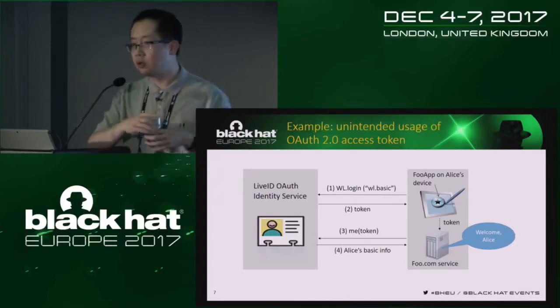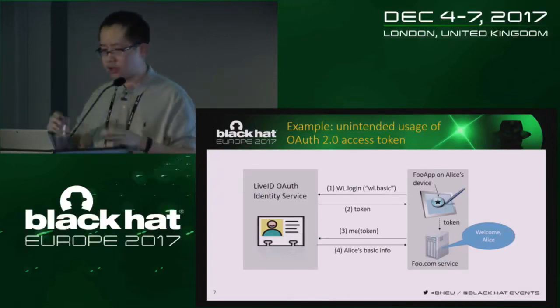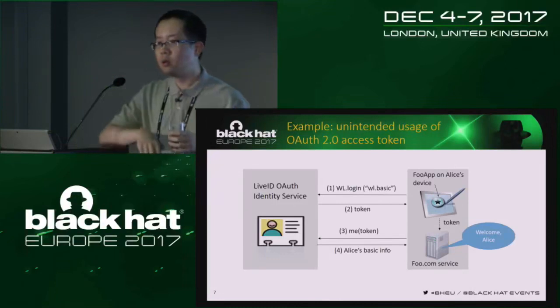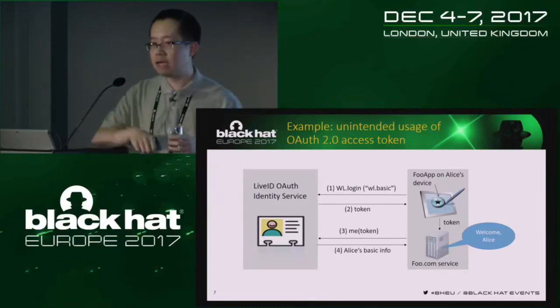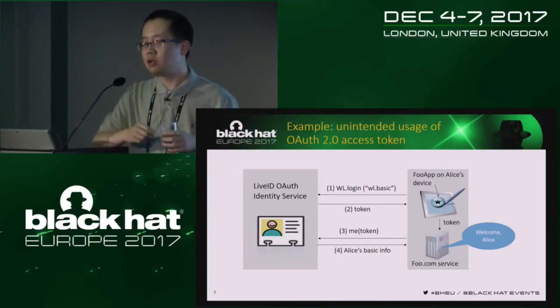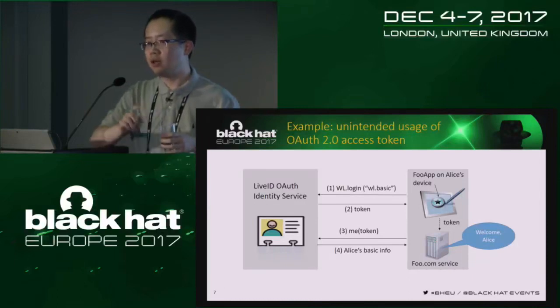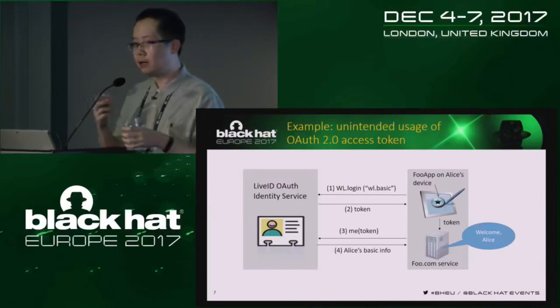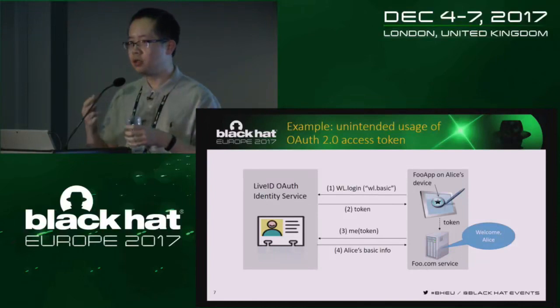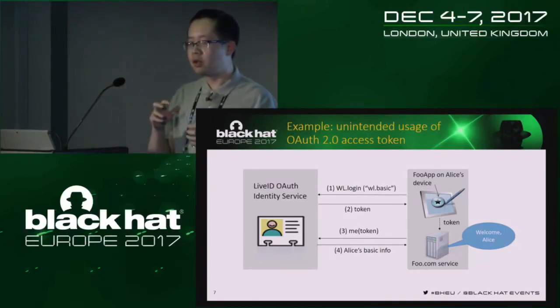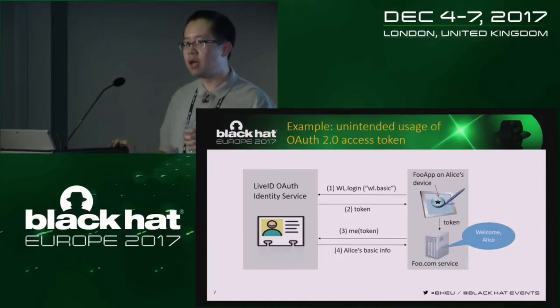Okay. So the OAuth protocol has two kinds of tokens. This one is called the access token. The other one is called the authorization code. I think what you mentioned is the authorization code, which, according to the protocol, is tied to the application ID.